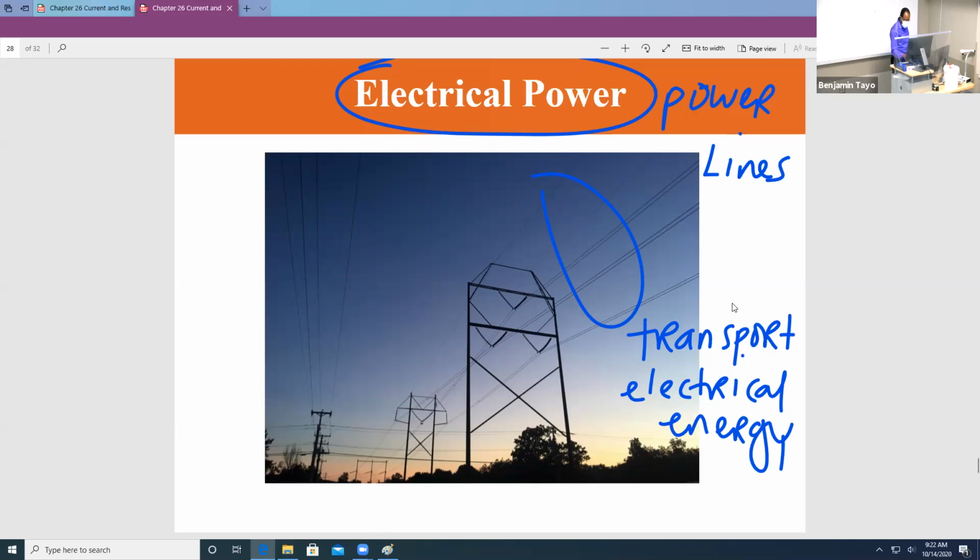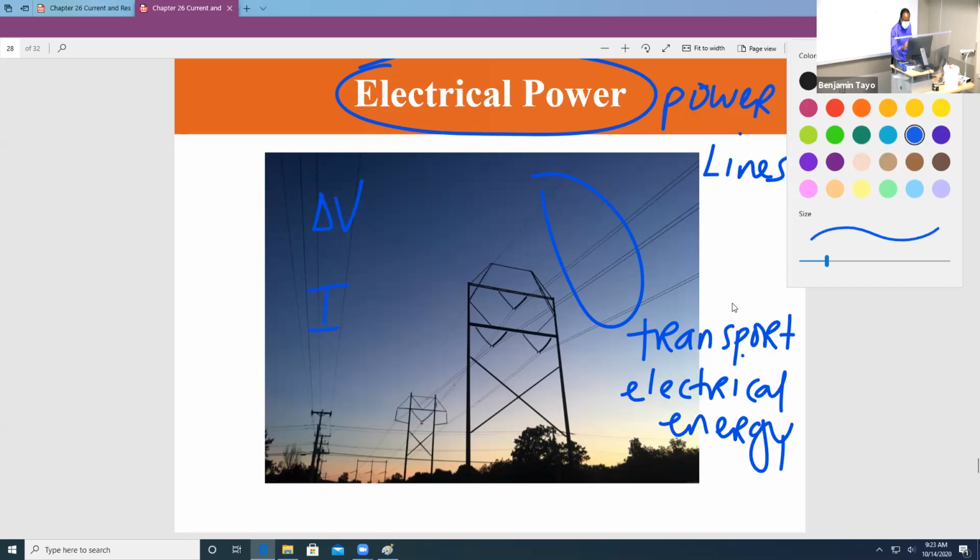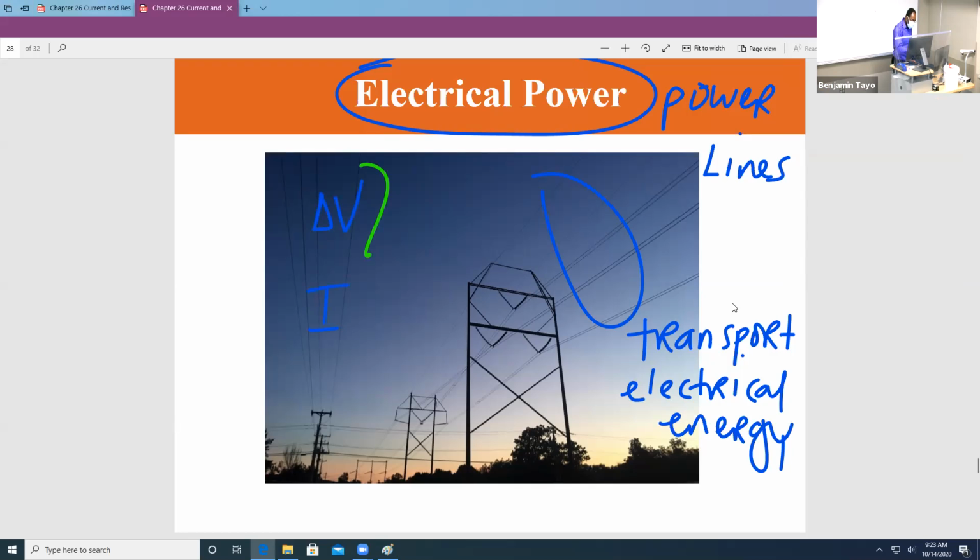Each time that you think about electrical energy, always think about what is the voltage and what is the current. Now, in some applications that I'm not going to talk about here, later on, if you take a different course, maybe electrical science, we'll talk about something called the transformer.